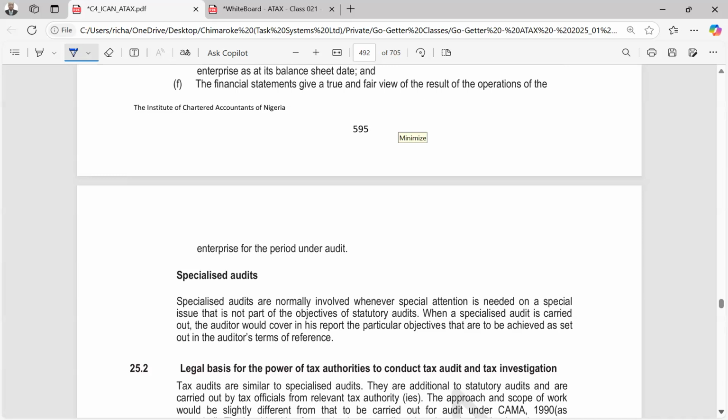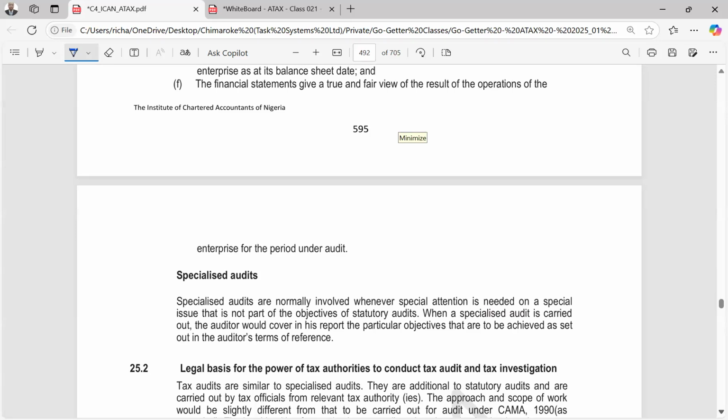Now, specialized audits are involved when a special attention is needed on a special issue that is not part of the objective of statutory audits. So it means that when there is a special issue, they will do a special audit to address that issue.